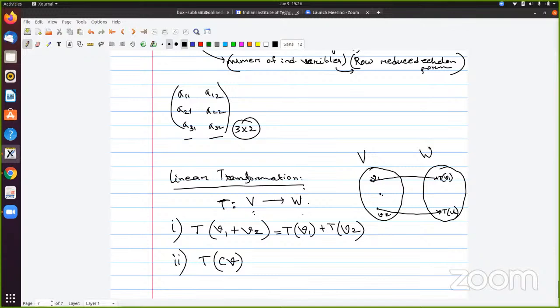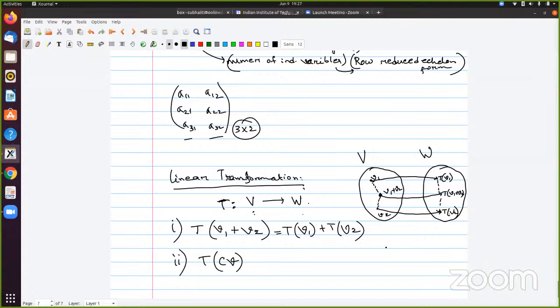Now there is some element called V1 plus V2, right? The addition will be inside V. Now where does this V1 plus V2 go? It will go to some other element, T of V1 plus V2, because V1 plus V2 is another element. Now there has to be some relation between T V1, T V2 and this new element, where the image of V1 plus V2 is coming. So the first condition is saying T of V1 plus V2 should be equal to T V1 plus T V2. That is the first condition.